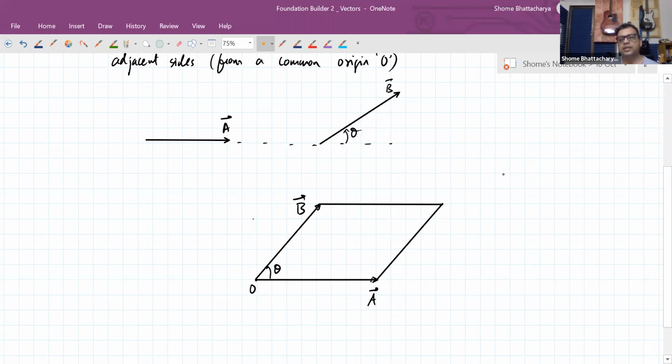So now what will happen is that the diagonals of such a parallelogram will automatically become the sum and difference.